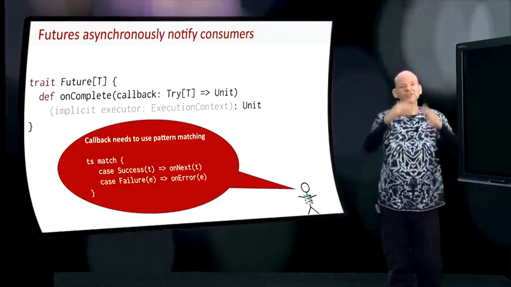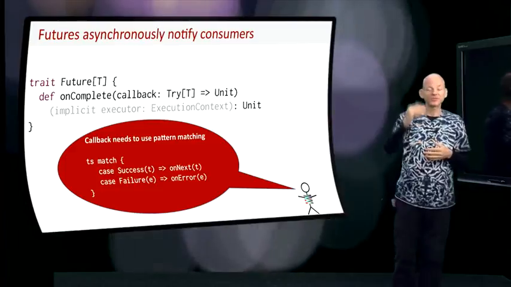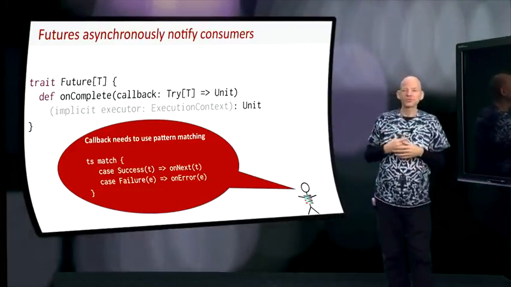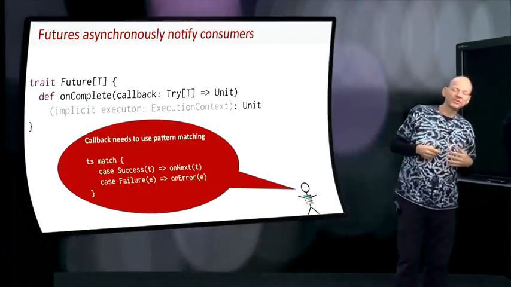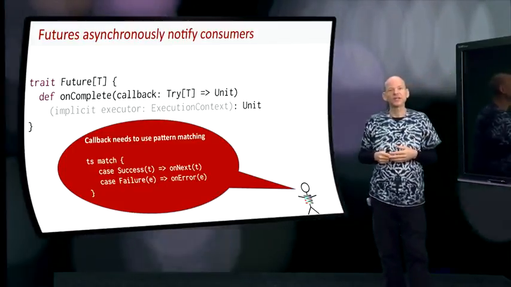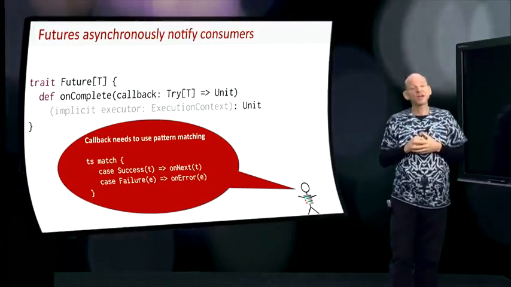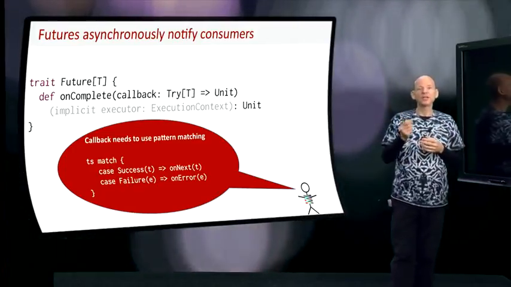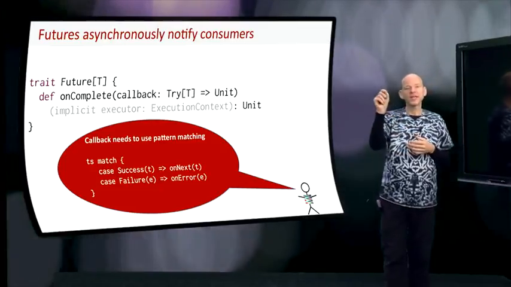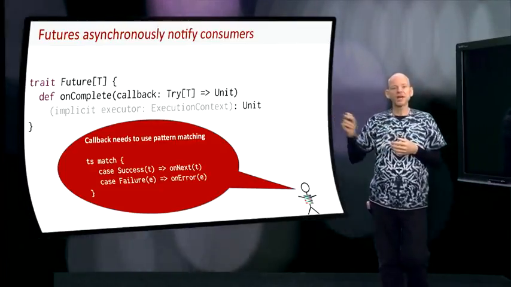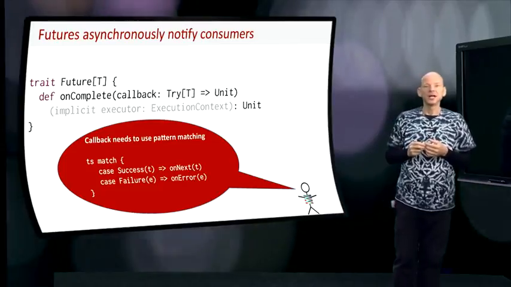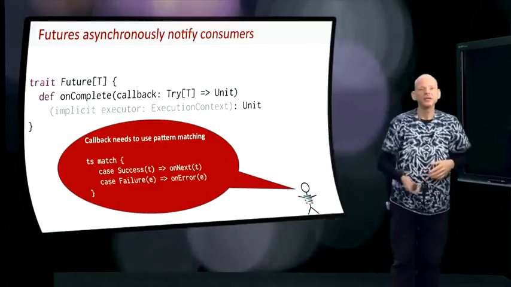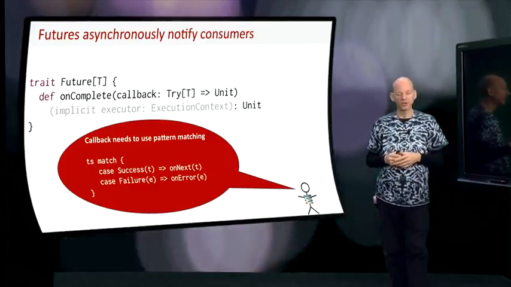In many cases you will pattern match to check whether your computation succeeded, then you do one thing, or whether it failed, and then you do another thing. So this design of Future is not the only possible design. For example, we can take the functions on the right-hand side of that pattern match, the onNext and onError, and pass those separately into the onComplete callback.